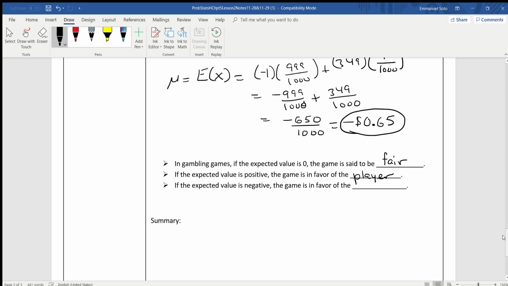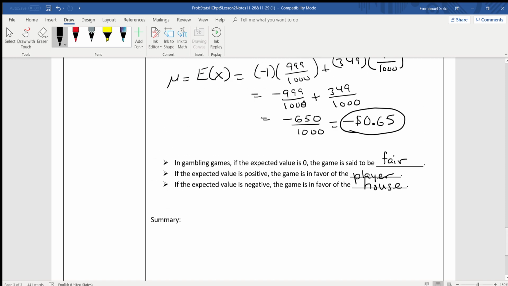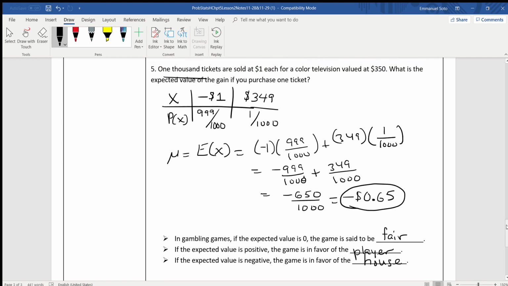If the expected value is negative, the game is not in your favor; it's in the favor of the house, the other side. When it balances out on both sides, it becomes fair. That's where we can use expected value. So we talked about expected value, standard deviation and variance, and theoretical average.